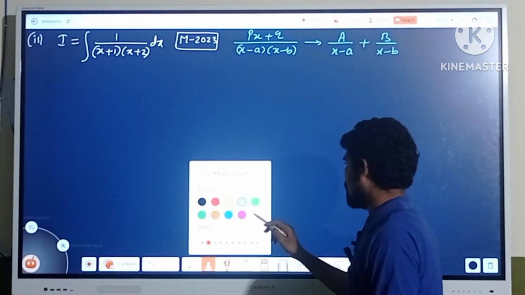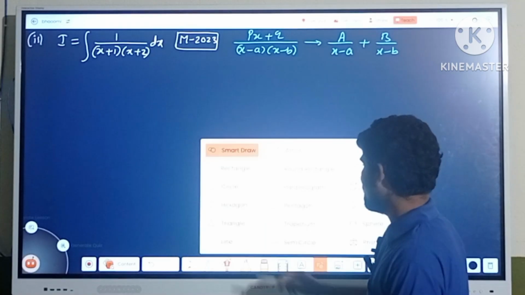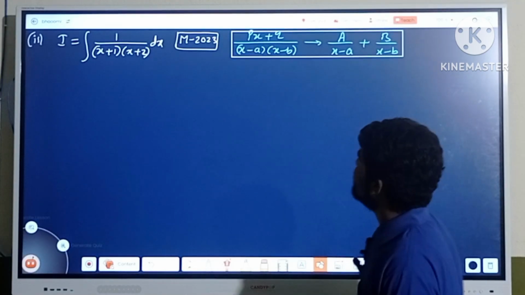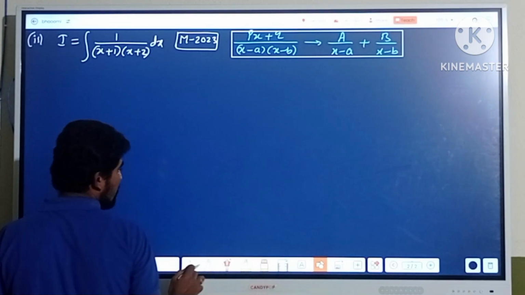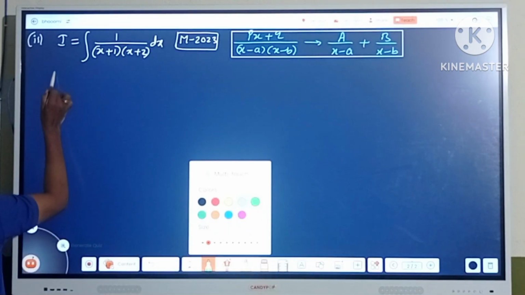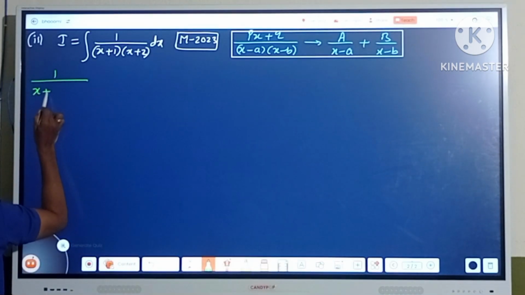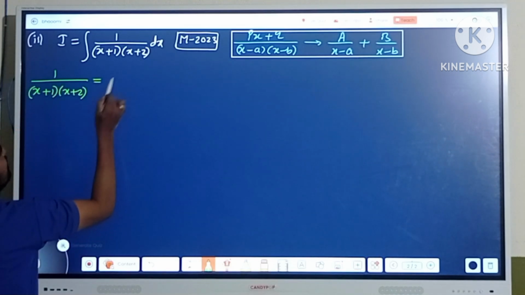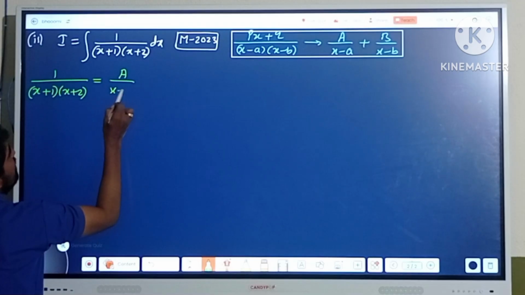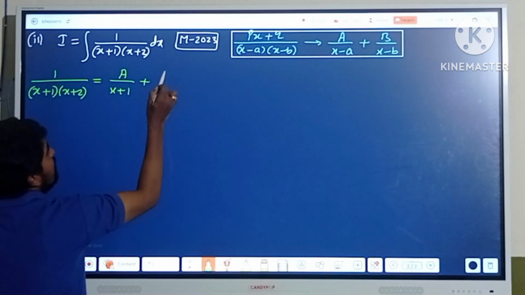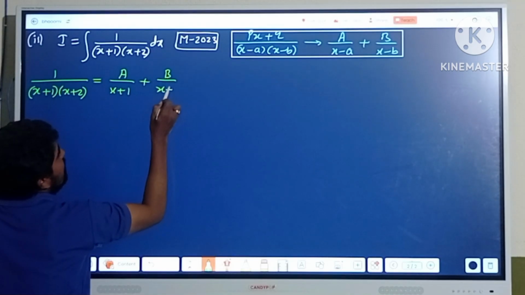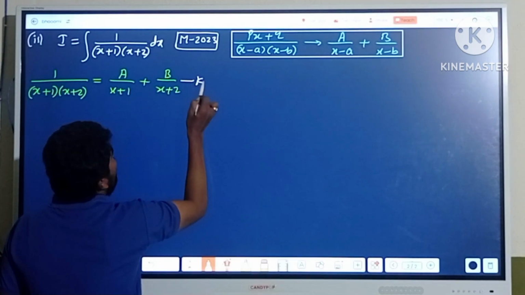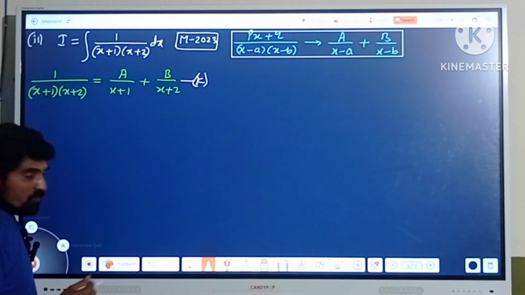Using this standard format, the given integrand 1 divided by x plus 1 into x plus 2 can be expressed as a divided by one of the factors x plus 1 plus b divided by the other factor x plus 2. Let's say this is equation k. Again, same thing, we need to identify the values of a and b.